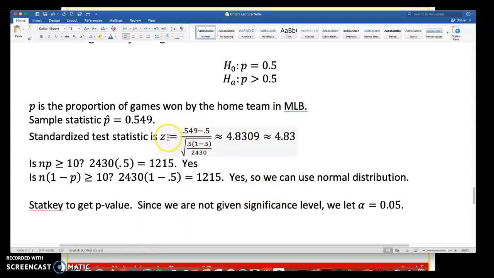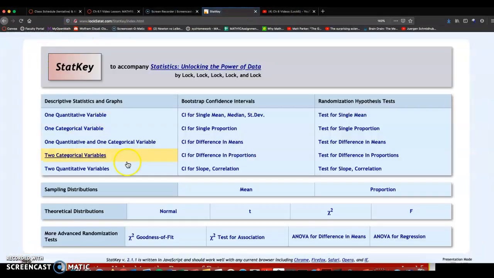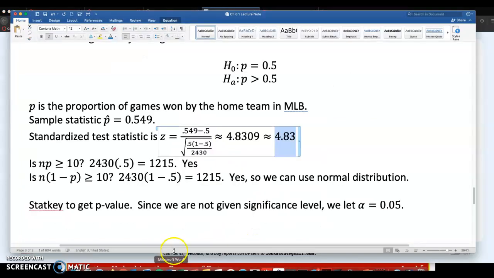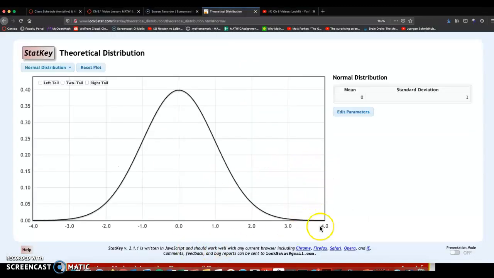If we go to StatKey, here's what I want to do. I want to take the standardized test statistic. I'm going to go to the normal distribution. And going back here, the alternative hypothesis is greater than, and my test statistic is 4.83. So the 4.83 is what I need to enter into my x-axis.